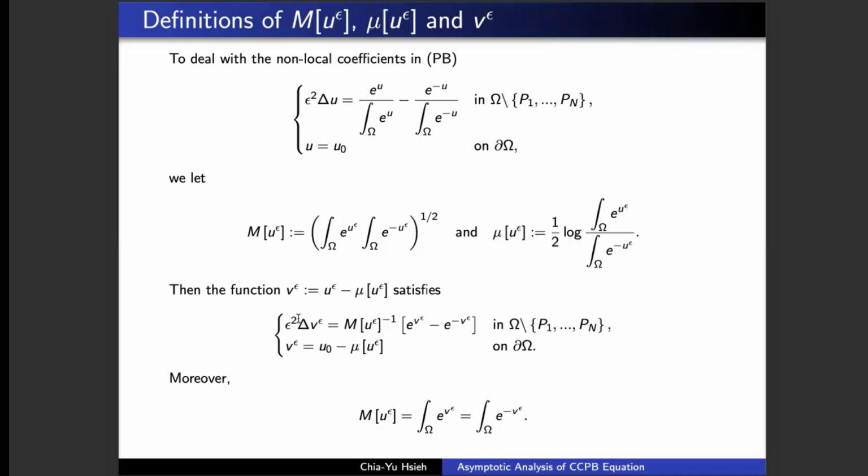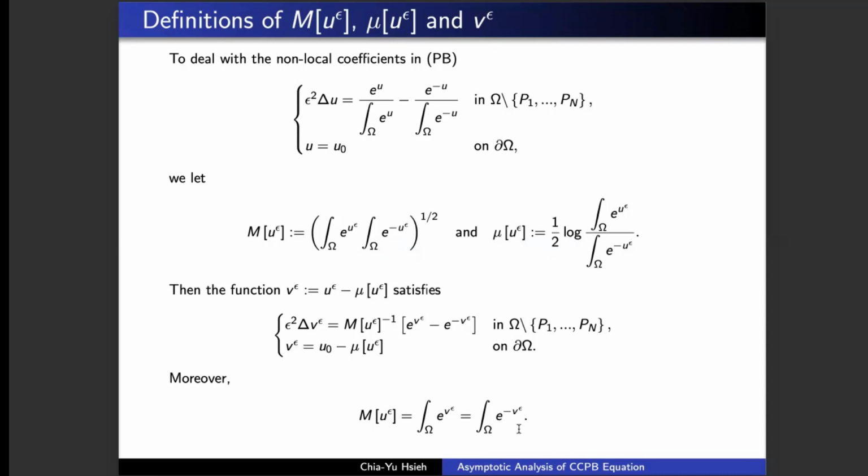But if we treat all these as constants, we can at least apply the maximum principle and the comparison principle to the function V. Here is a remark: if M is defined by the integrals of U, then written in terms of V, M equals the integral of e to the v, and it also equals the integral of e to the minus v.